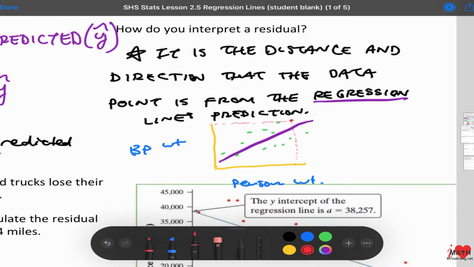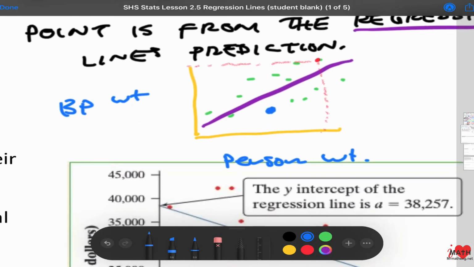Let's do a different one. What color have I not used? Okay, let's use this blue dot. Based on the person's weight, we would assume a certain backpack weight, but notice how it's below that purple regression line.